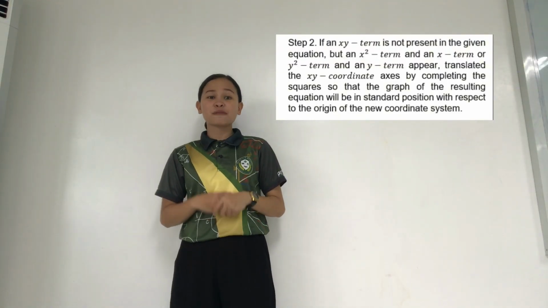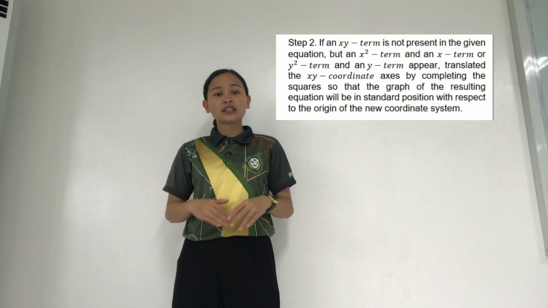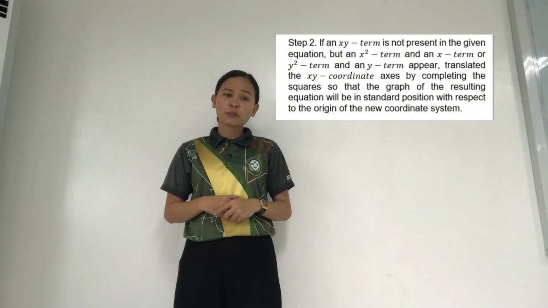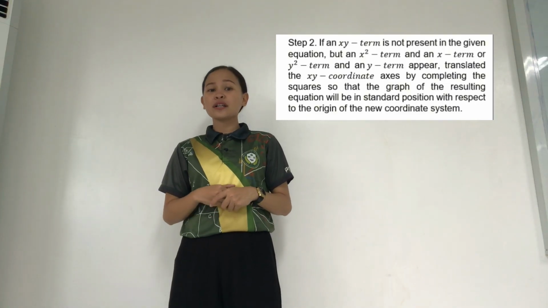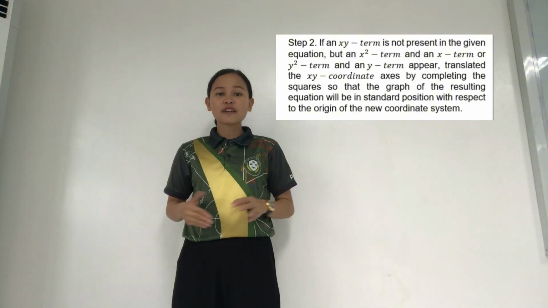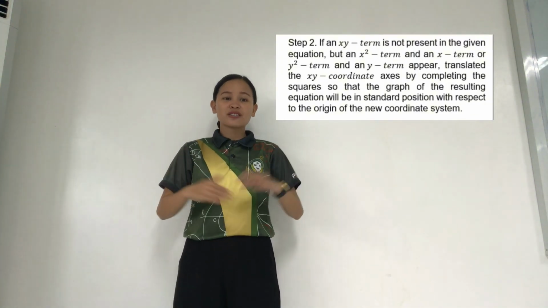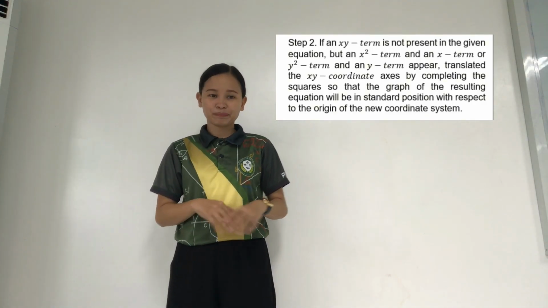Step 2. If no xy term is present in the given equation, but an x squared term and an x term, or a y squared term and a y term appear, translate the xy coordinate axes by completing the square so that the graph of the resulting equation will be in standard position with respect to the origin of the new coordinate system.